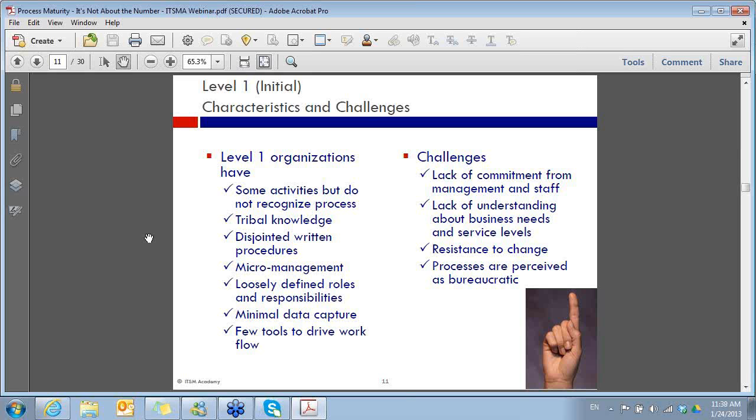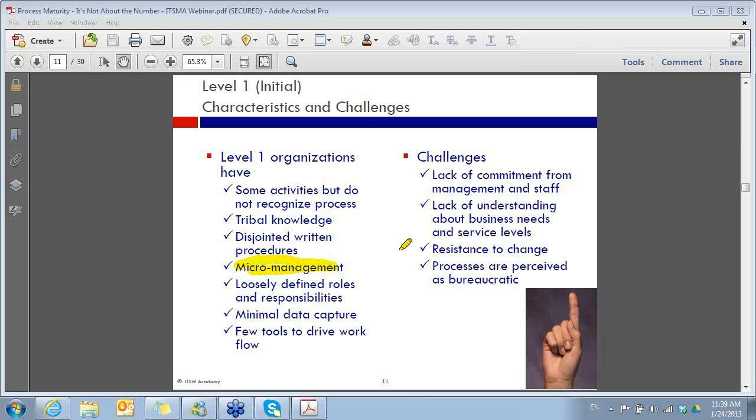You haven't clearly defined people's roles and responsibilities. And as a result, very often you have a lot of micromanaging going on because management has to tell people what to do. Your processes aren't telling people what to do. Your technology hasn't been automated so that your workflow can tell people what to do. So you've got a lot of micromanaging going on at any given point along the way.